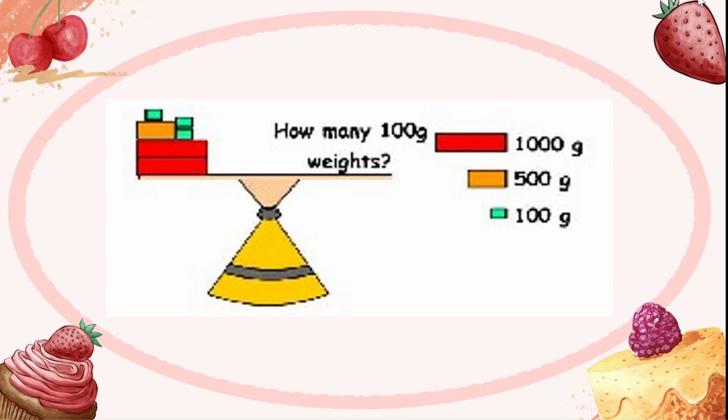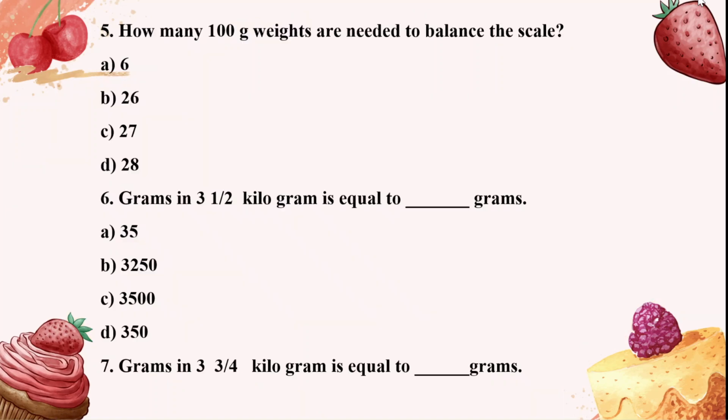So on the left side of the pan, we will have 2 red boxes, 1 yellow box, 3 green boxes, means 2000 plus 500 plus 300. So totally you will have 2800 grams on the left side of the pan.